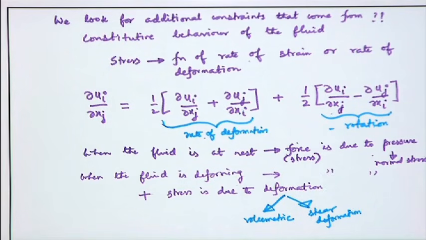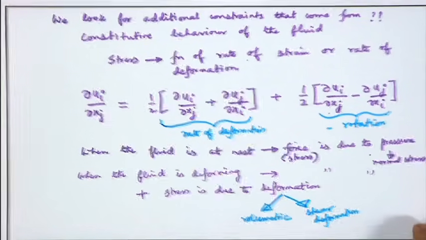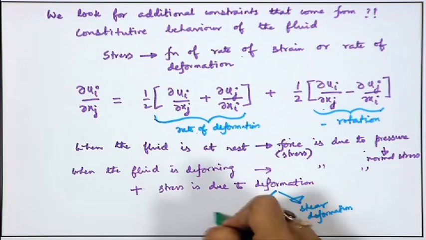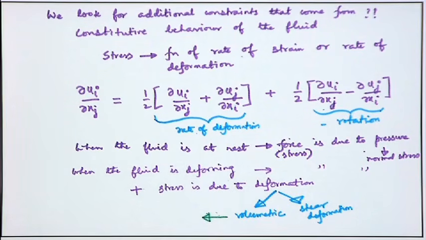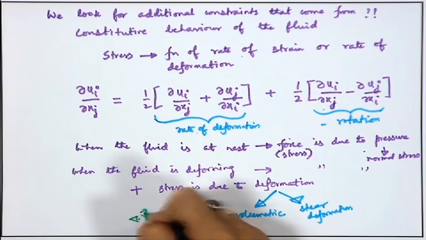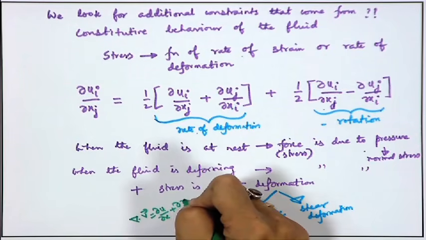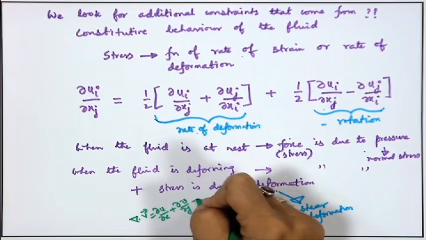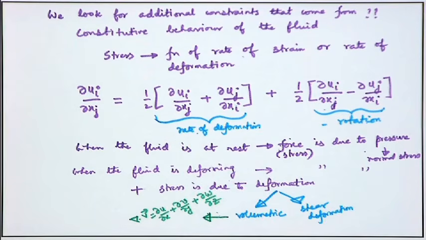So, what is the expression for the volumetric deformation? The expression for the volumetric deformation is divergence of the velocity vector, that is del u del x plus del v del y. This is the rate of volumetric strain. This is the quantification of the rate of volumetric strain.